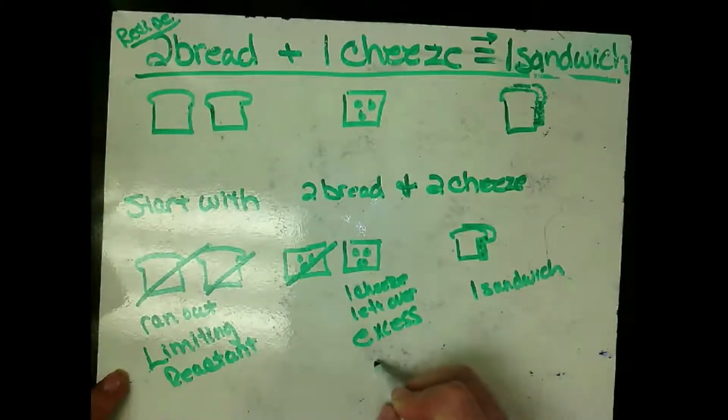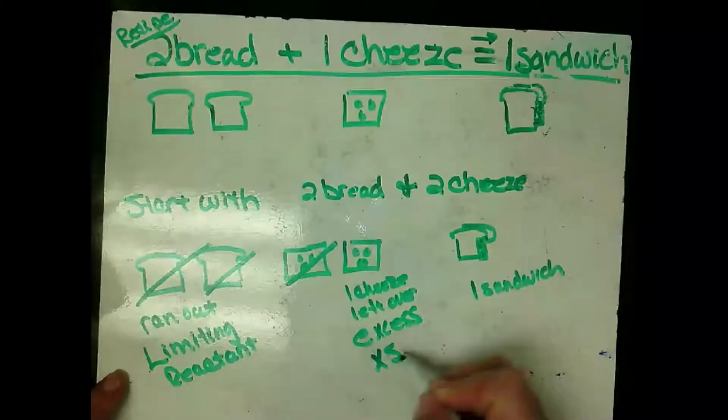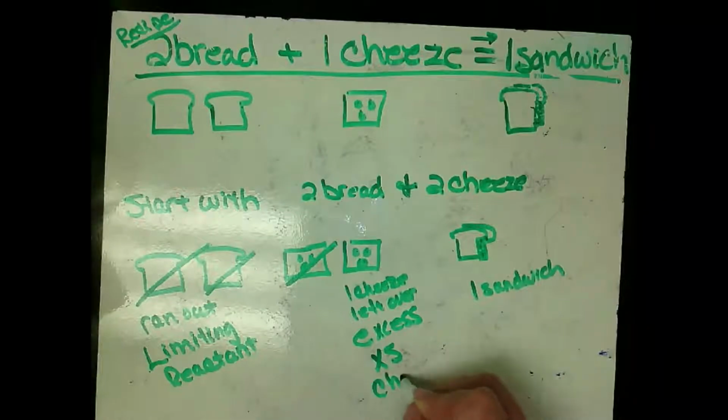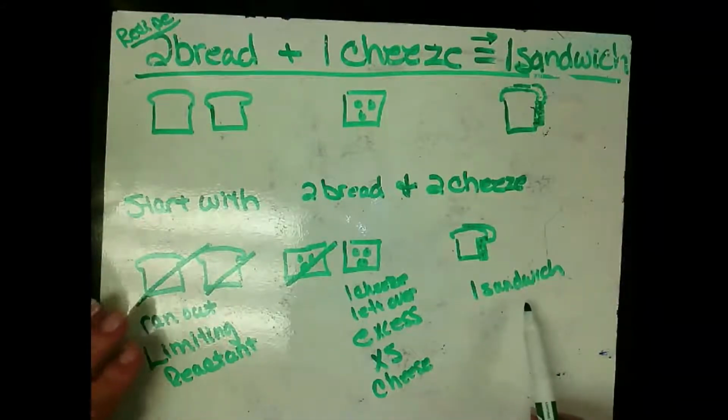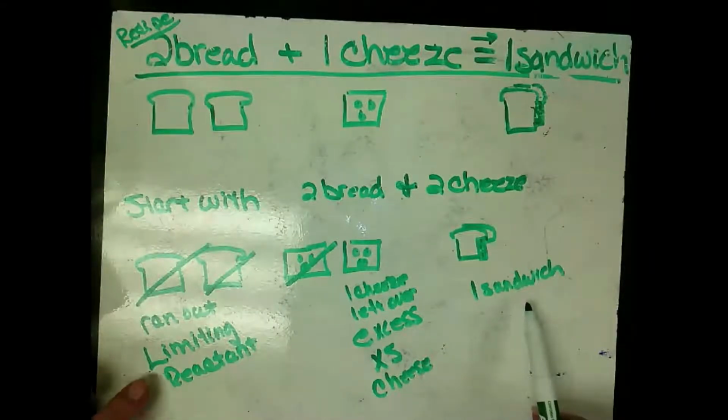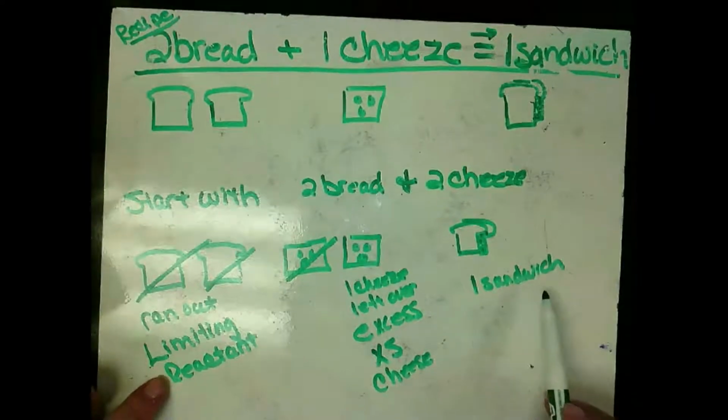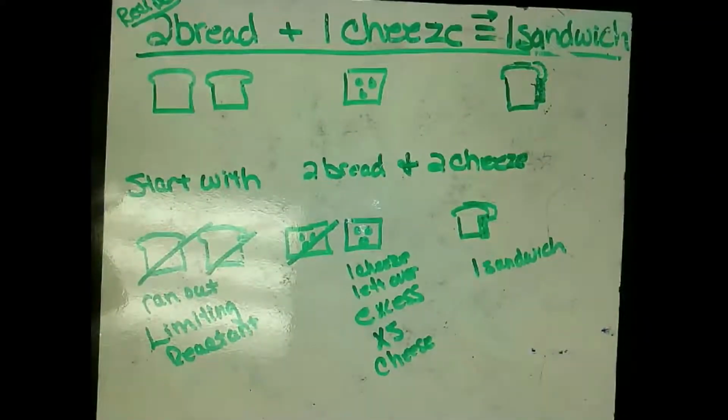And we write excess, okay, is our cheese. And so you can see, why did we stop making sandwiches? We stopped making sandwiches because we no longer have any bread. The bread ran out. It's our limiting reactant. It limits the amount of sandwiches that can be made.